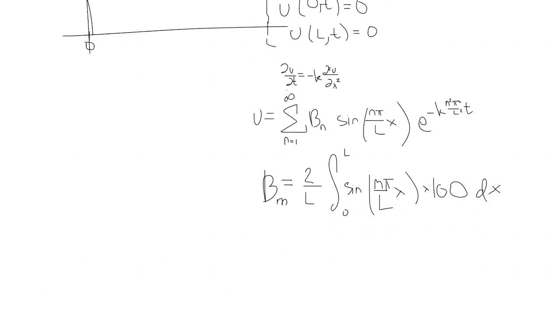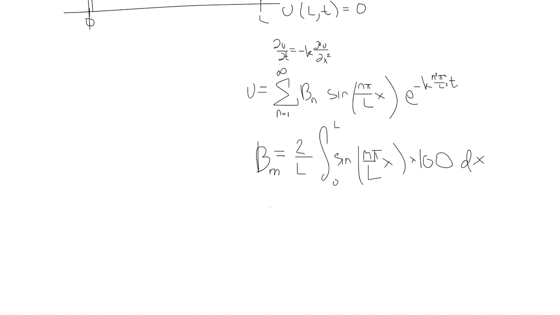Now, solving this, we get b sub m is equal to 200 over L times L over m pi times cosine of m pi over L times x, all from 0 to L.